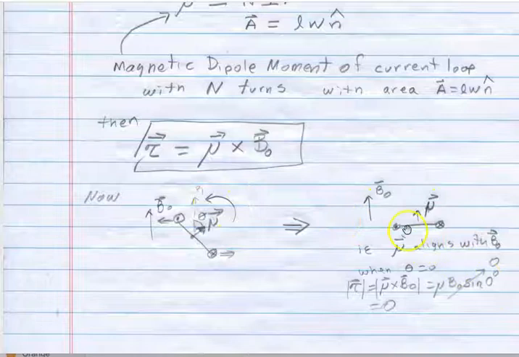And then when mu is parallel to B in the same direction, the magnitude of the torque is the magnitude of mu, magnitude of B naught times the sine. Well, they're both pointing in the same direction, so the angle is 0, and so that's 0. So these magnetic dipole moments tend ultimately, if in an external field, to point in the same direction as the field.